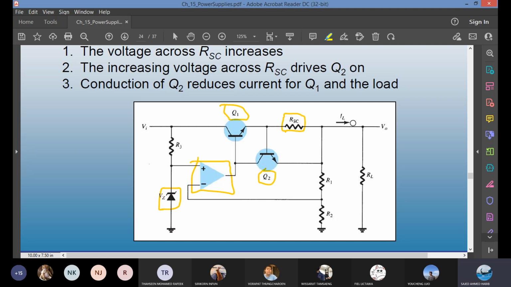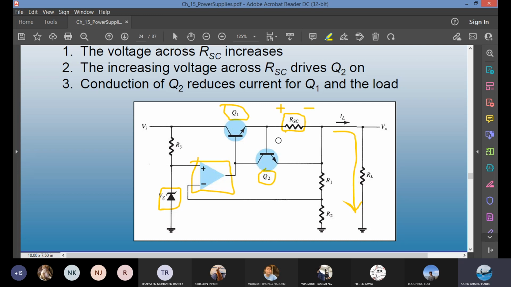This IL, the current that is going to the load, if it increases, because of its connection with the short circuit sensing resistor, when IL increases, the voltage across this RSC will also increase.